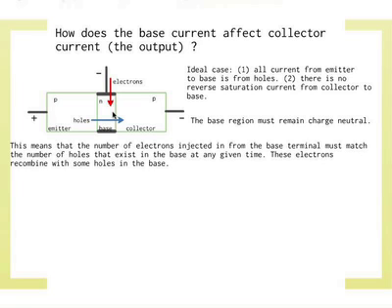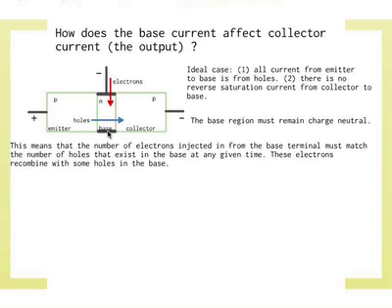So you cannot have charges building up or dying down in steady state. What that means essentially is that the number of electrons injected in from the base terminal must match the number of holes that exist in the base at any given time. If you look at the base, essentially a very thin base, there are electrons coming in, holes coming in. The number of electrons coming in should match the number of holes coming in.